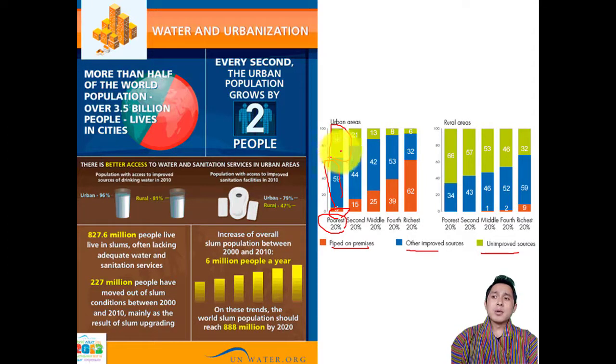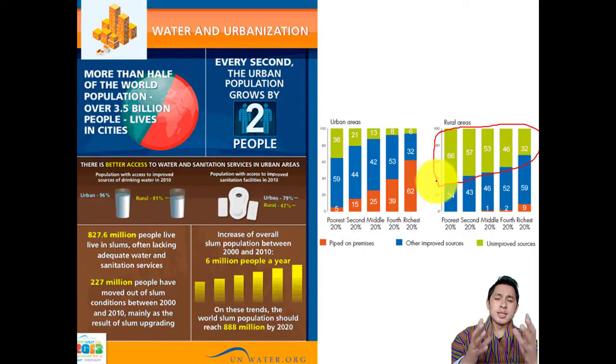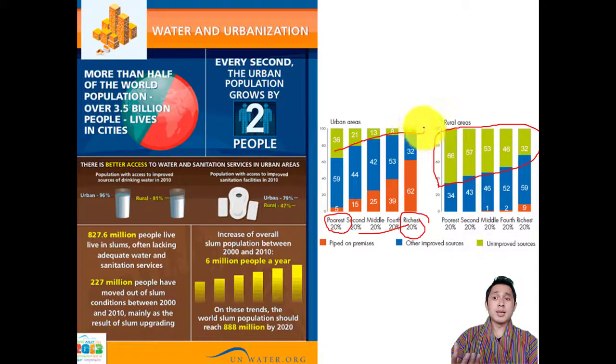In general, the unimproved sources you see in urban areas and in rural areas are drastically different. The green ones are very few in urban areas, even if the countries are very poor. For the richest, unimproved sources are only around 6%.